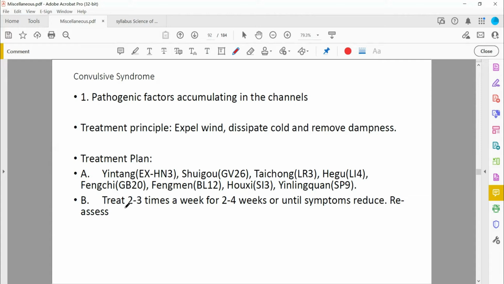So this point we used, like for the wind, feng means wind, for the wind. Right, this still uses SI3. Related to the GV meridian, right, to the brain. This one enters the brain, GV meridian.